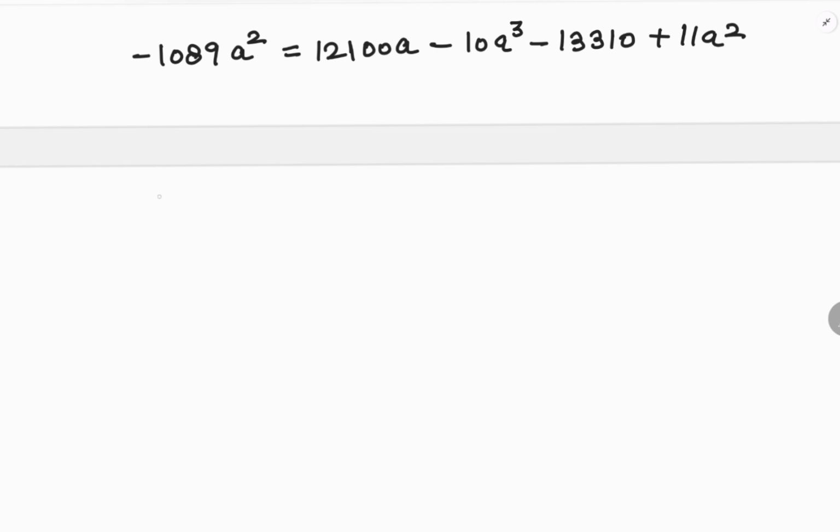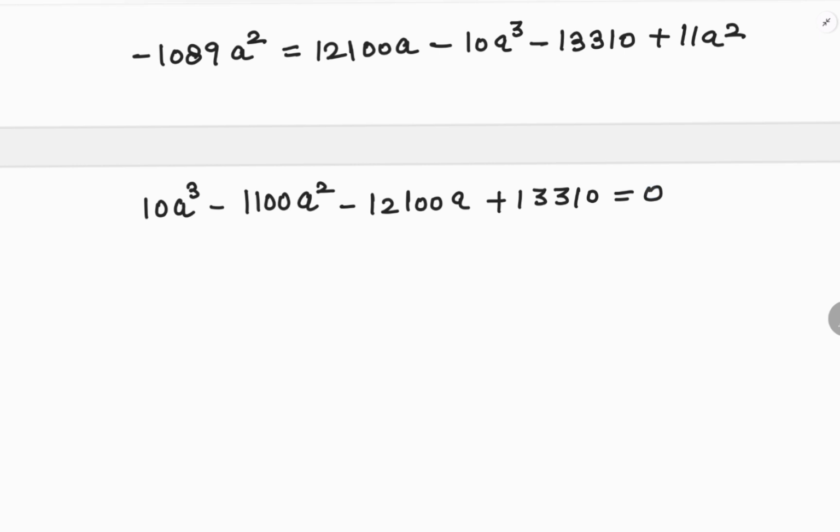Okay. So what will we get? I will bring everything on the left hand side. 10a cube, minus 1100a square, minus 12100a plus 13310 equal to 0.